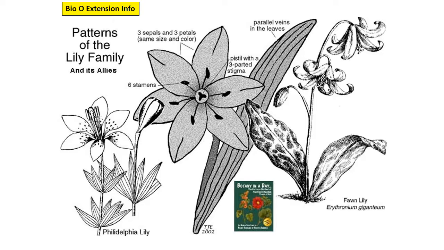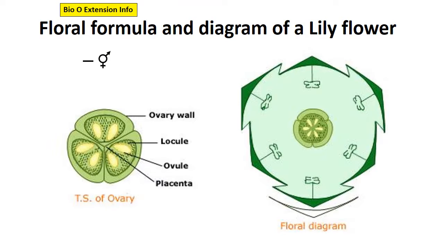So how do you draw the diagram? This is how it looks like: the floral diagram of the lily flower. You can see that on the outer whorl there are 3 sepals, and on the inner whorl there are 3 petals.